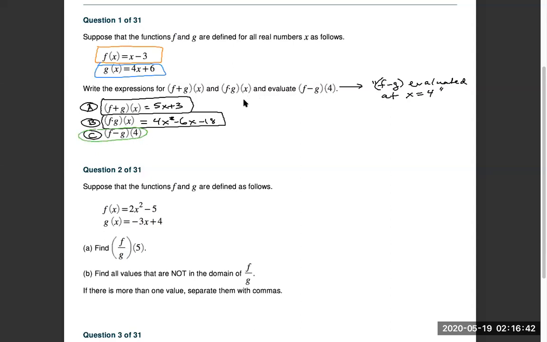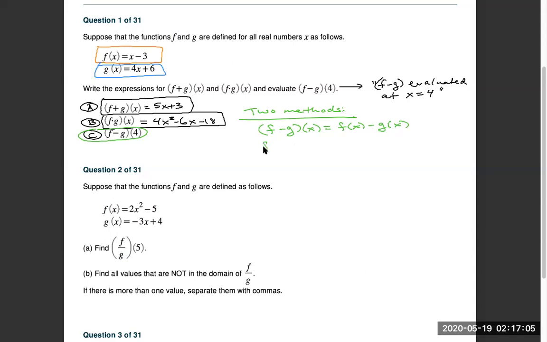There's actually two ways to do it when x is replaced by a number. First way, just remember your general rule, f minus g of x equals f of x minus g of x.